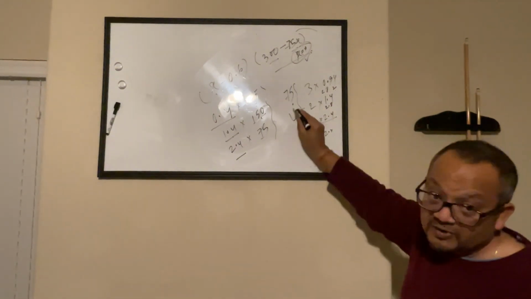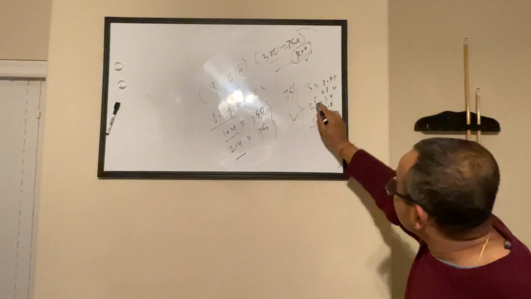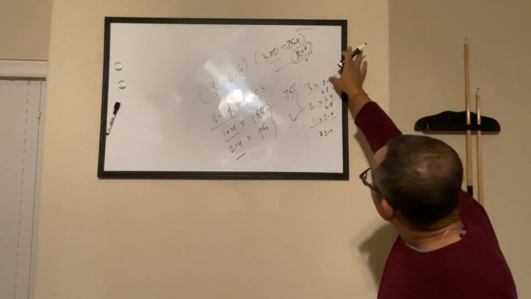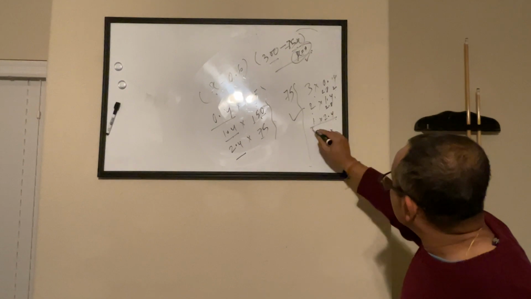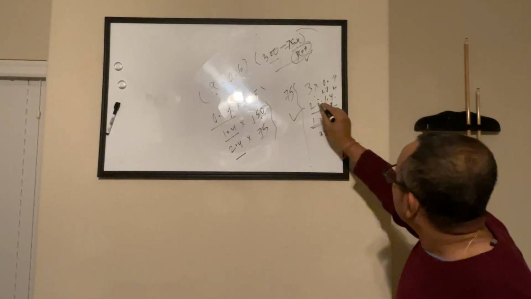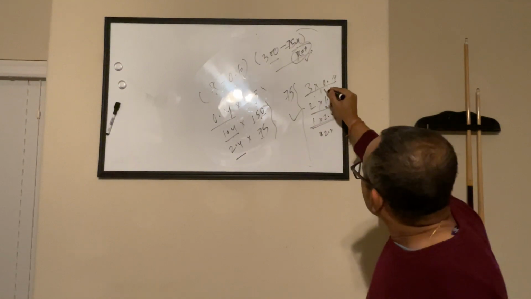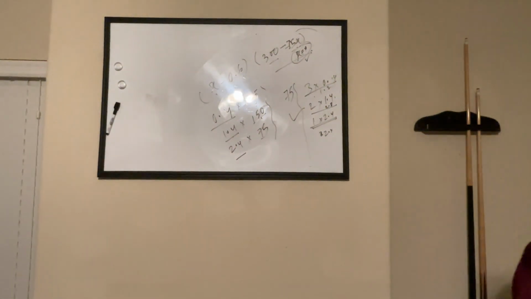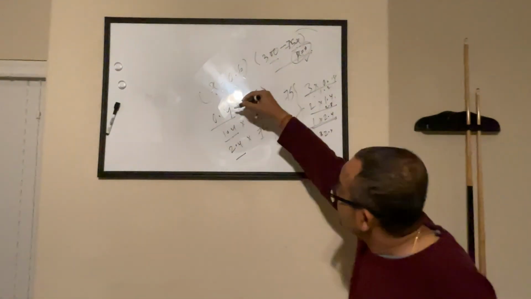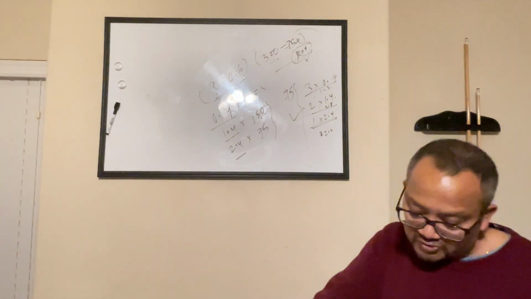For the sake of simplicity, I just took 75 out. So it becomes 3 into 0.4, 2 into 1.4, 1 into 2.4. So this is 2.4, this is 2.8, and 3 into 0.4 became 1.2. Only mistake I made was I did not pay attention to this subtraction when putting x as 1.